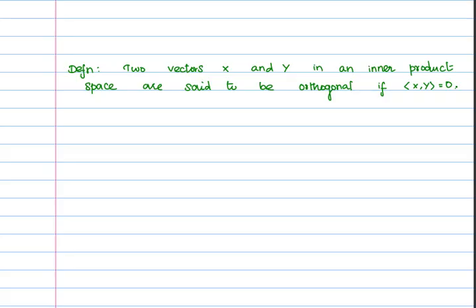So now we see the first example. Let V equal to R2. The inner product I define as x comma y equal to x transpose times y.